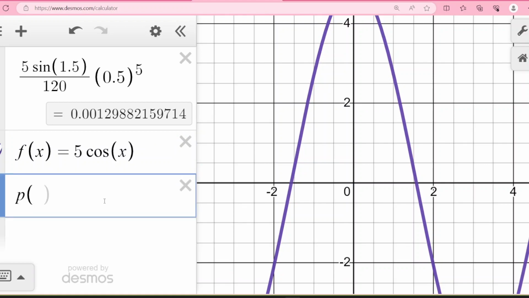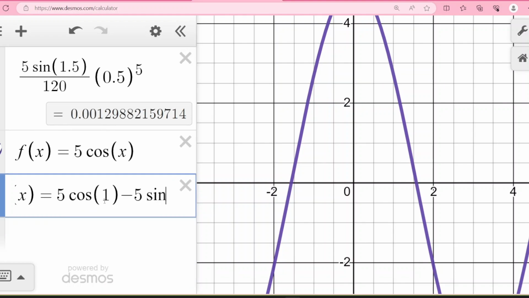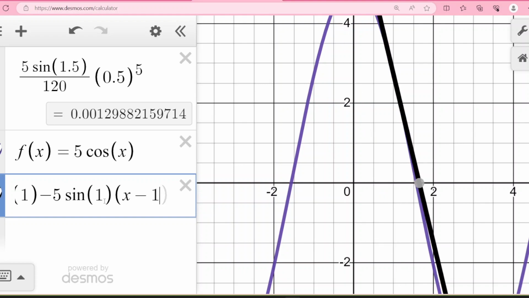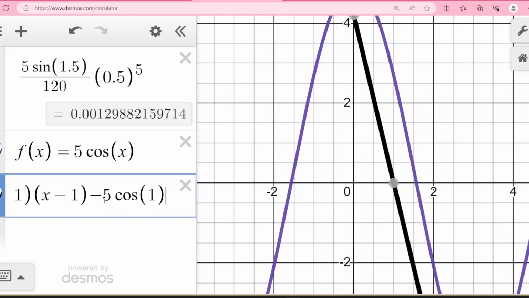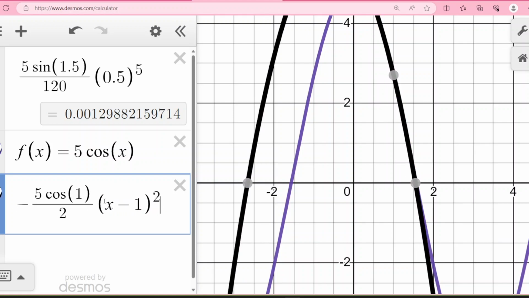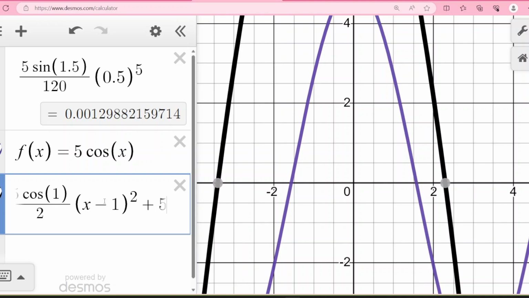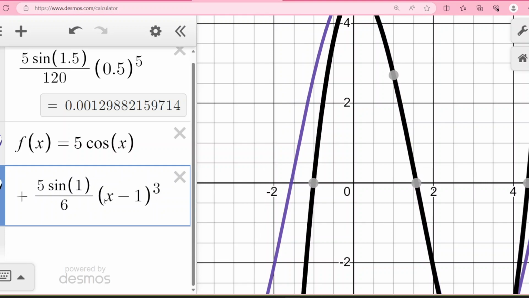And then that fourth Taylor polynomial, which is going to take a bit to enter, was this: 5 times the cosine of 1, minus 5 times the sine of 1 times x minus 1, then minus 5 times the cosine of 1 divided by 2 times x minus 1 squared, plus 5 times the sine of 1 over 3 factorial, over 6, times x minus 1 cubed.